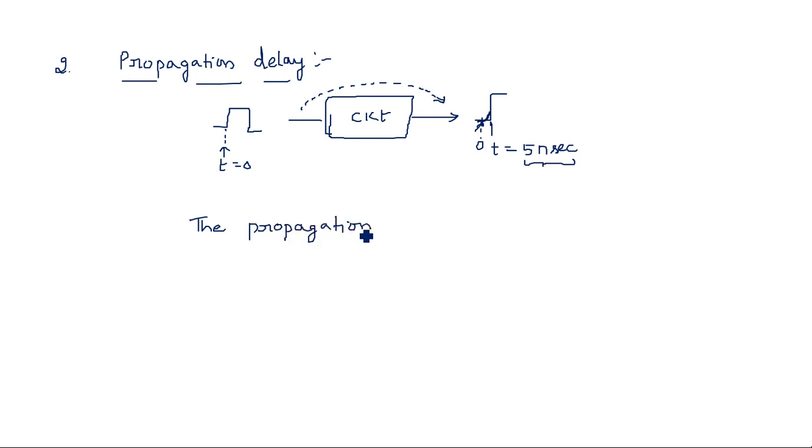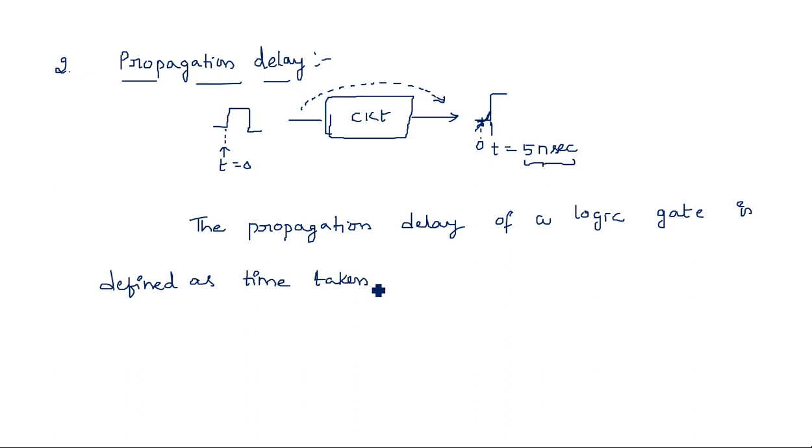The propagation delay of a logic gate is defined as the time taken by a pulse to propagate from input to the output.